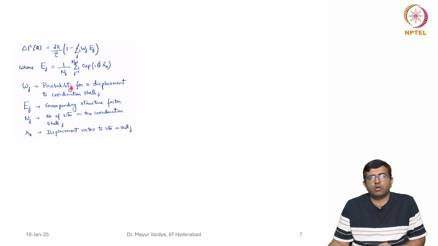Wj is also called the probability for a displacement to a coordination shell j, and this Ej is the corresponding structure factor. So you can say these are the structural terms coming in here. Nj is the number of sites in the coordination shell j, and Rk is the displacement vector to the sites in the shell j.